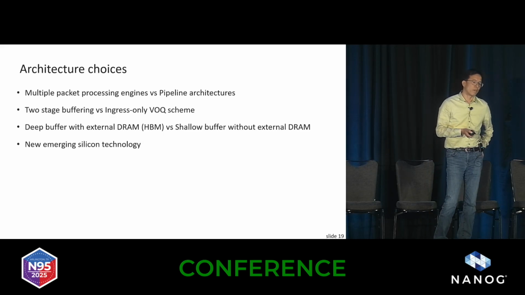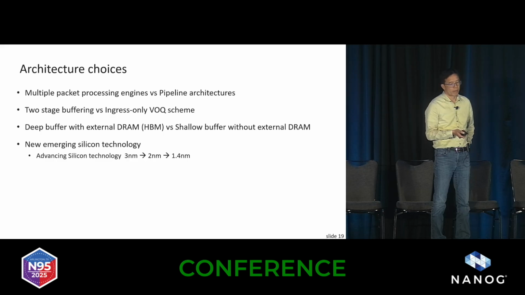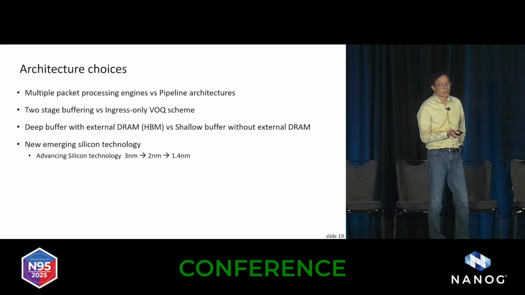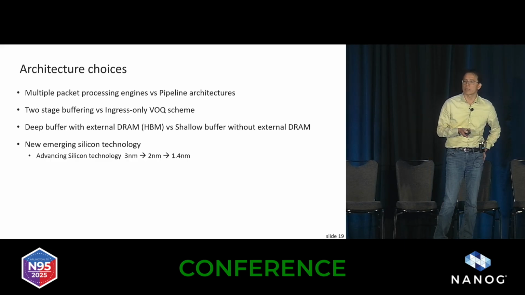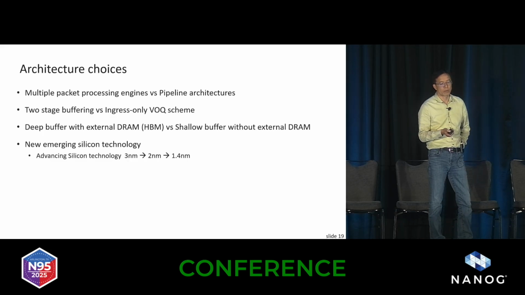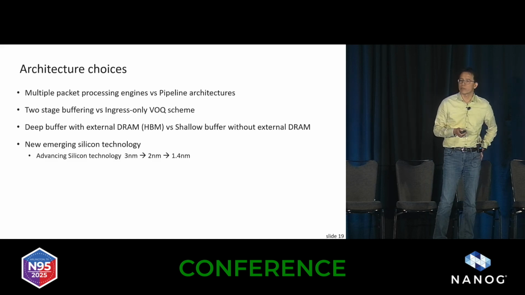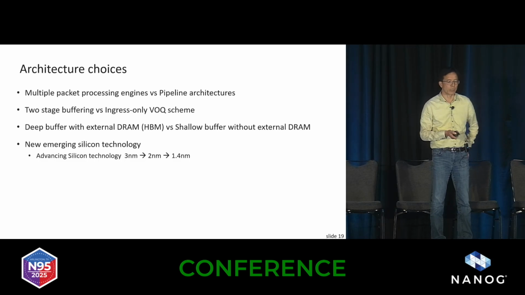And of course, there are also new emerging silicon technologies affecting the architecture choice, such as, for example, foundry nodes. Today, we tape out silicon mostly in 3 nanometers, but it will quickly move to 2 nanometers, and soon enough 1.4 nanometers. If you attend the TSMC symposium, they will give a roadmap of where the geometry goes.